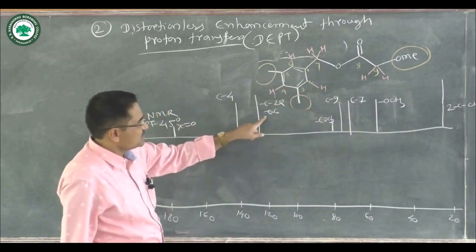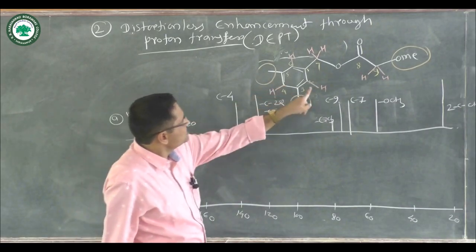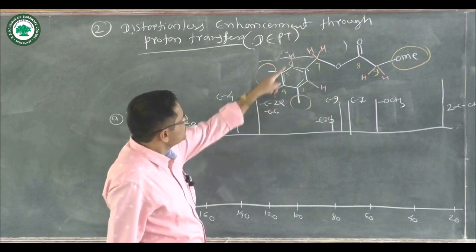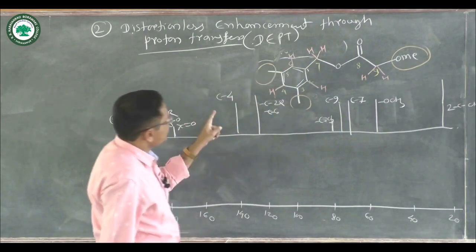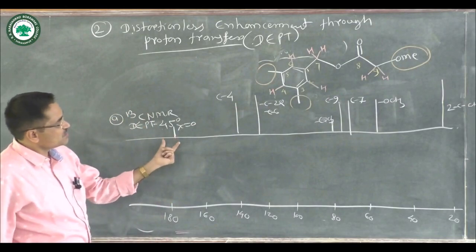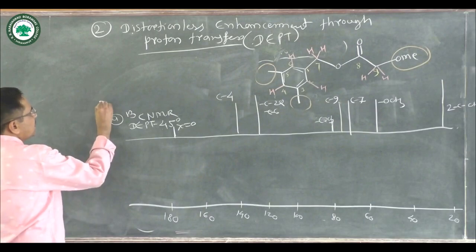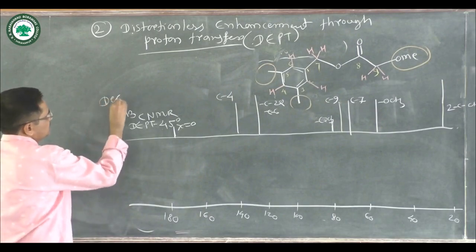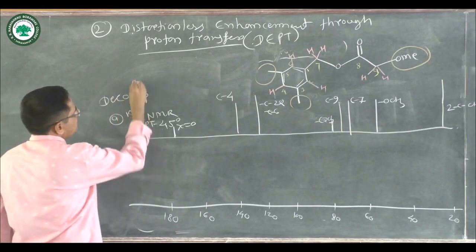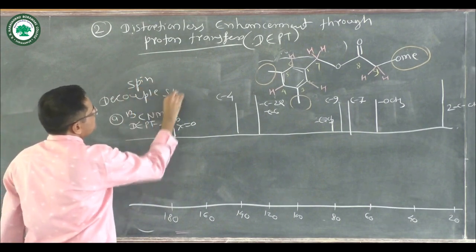And this is for C2, here C2 and C6, as well as C4, and the last one is for C=O. This is the spin decoupled spectra.